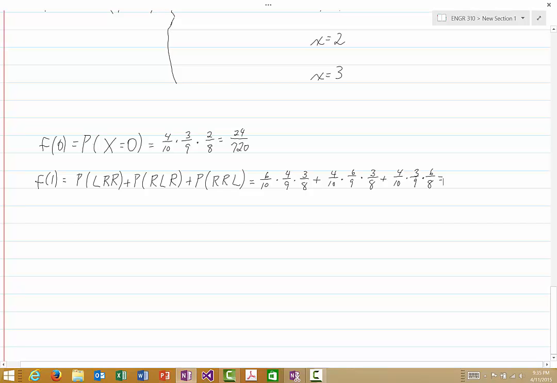And notice, as we've seen in several cases like this already, all 3 of these numbers are really the same. We have 6 times 4 times 3 in the top. It could be in different order, but it's always 6 times 4 times 3, and 10 times 9 times 8 in the bottom. So we have 6 times 4 is 24, times 3 will be 72, and 72 times 3 will be 216.